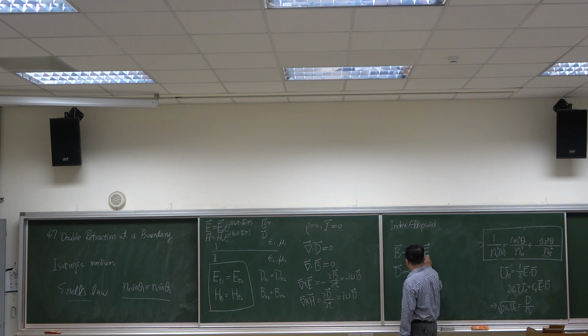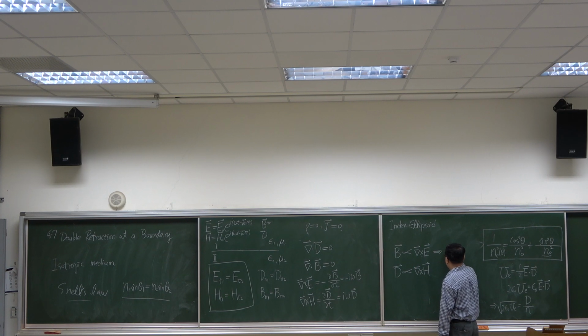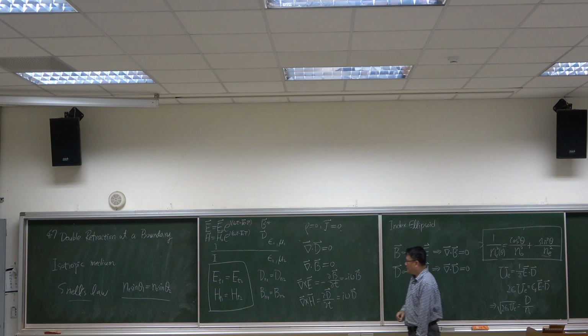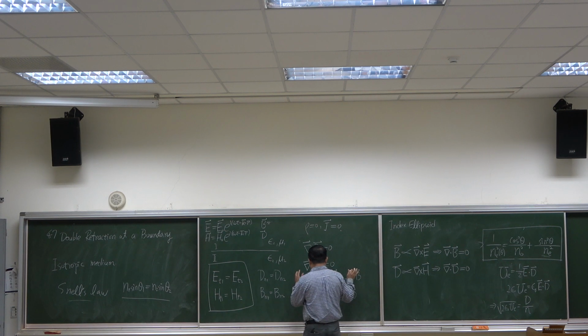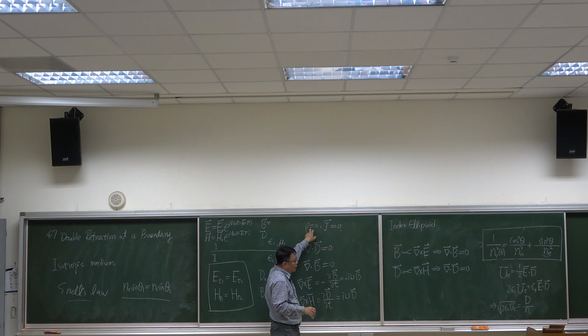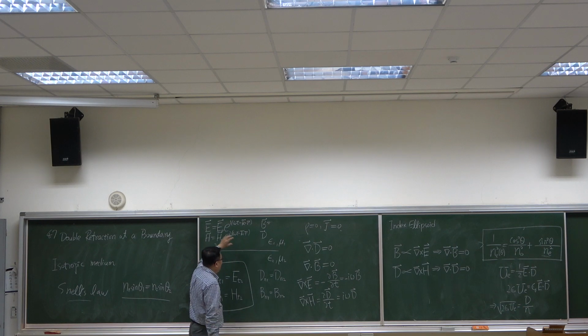So from this we get the result divergence B equal to 0 automatically, and from this we find that divergence D is equal to 0 automatically.